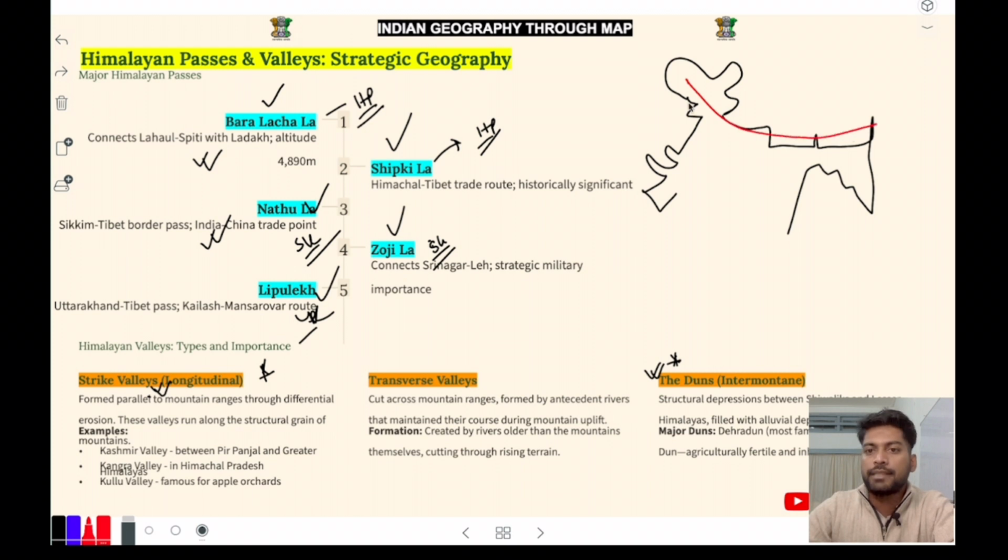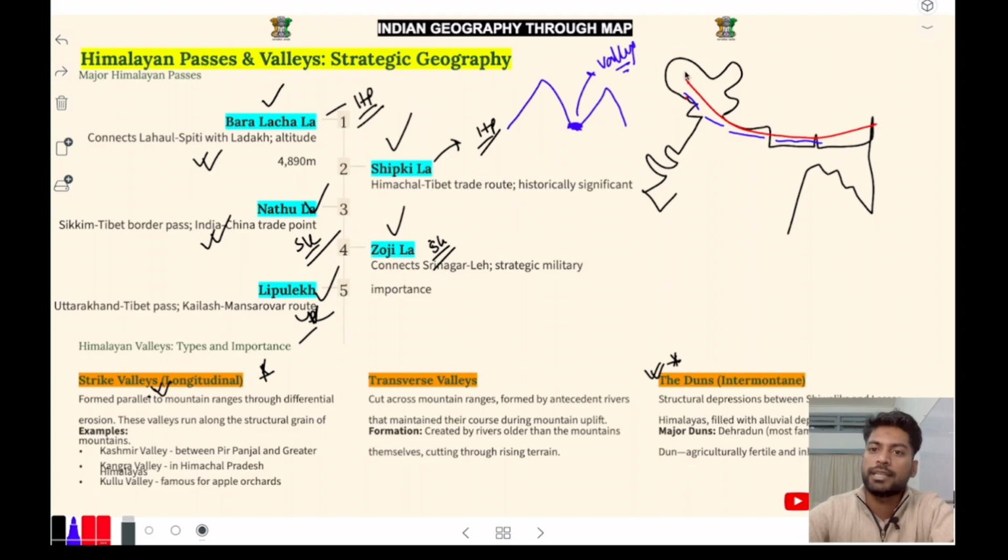After that you see Lesser Himalaya, which is here. Not a continuous chain, but a chain of mountains. Now see, valley means if you see a mountain and another mountain, at some places plain areas will be there. So this is called a valley. So in between two mountains there are some valleys.